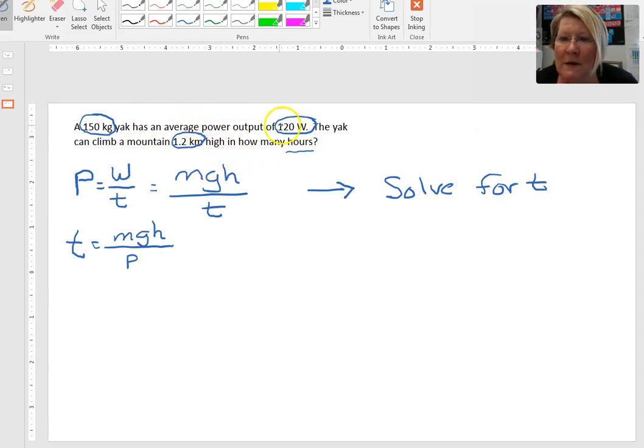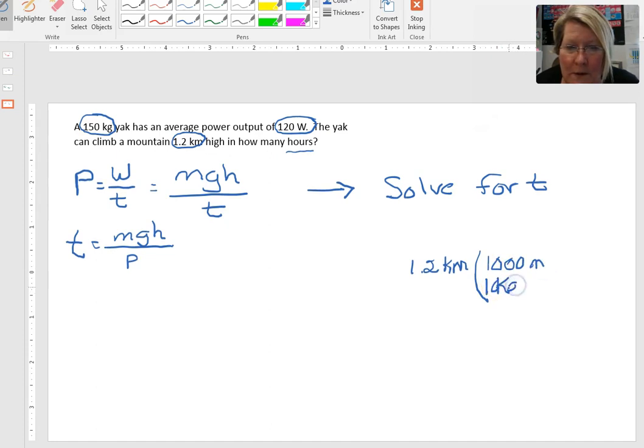Now the first thing that I notice is that we're in kilometers here, and I'm going to want to change that into meters. Okay, so let's just do that here. We have 1.2 kilometers, and there are 1,000 meters per 1 kilometer.